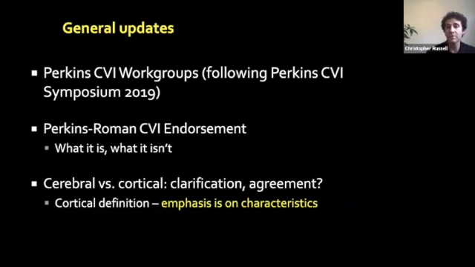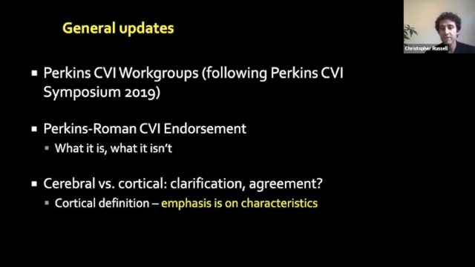Cortical is one of those conditions. So cortical is a form of cerebral visual impairment, but cerebral visual impairment also includes other conditions, including synesthesia, prosopagnosia or face blindness, some other forms of neurological visual processing disorders that cause depth perception issues or recognition issues. Even dyslexia is considered to be a cerebral visual impairment.